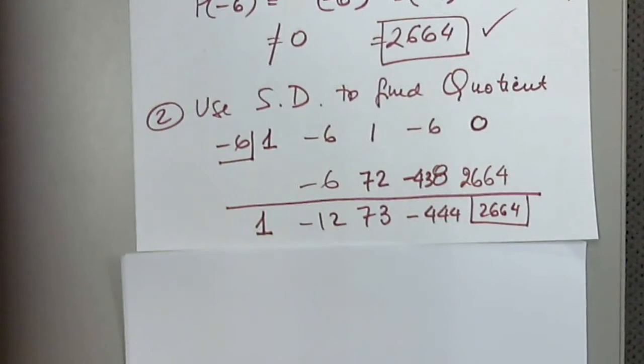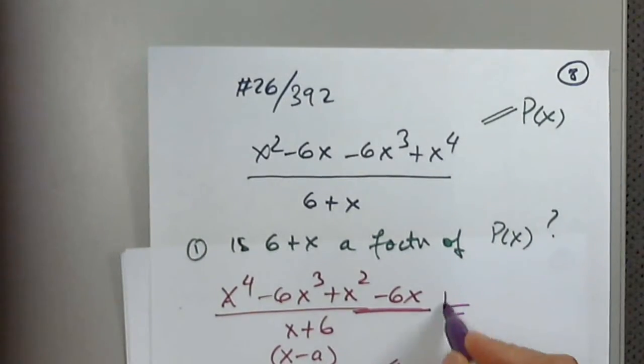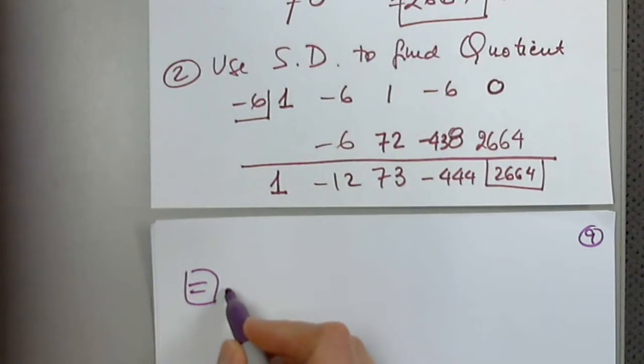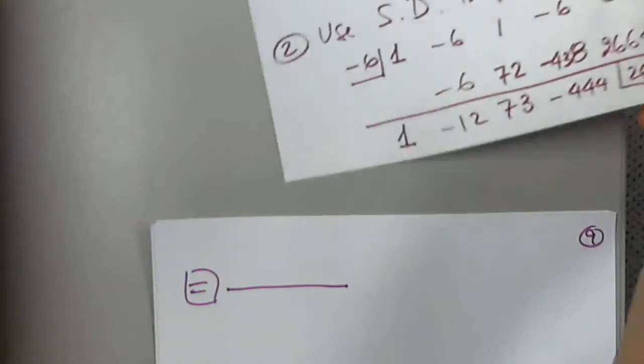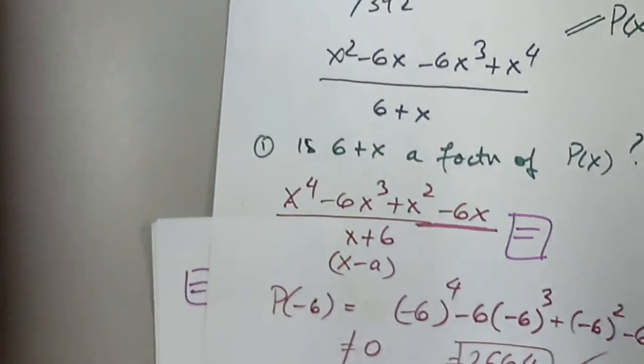Read the original equation at the top. The degree of the top is 4, the degree of the bottom is 1. So where do I start?